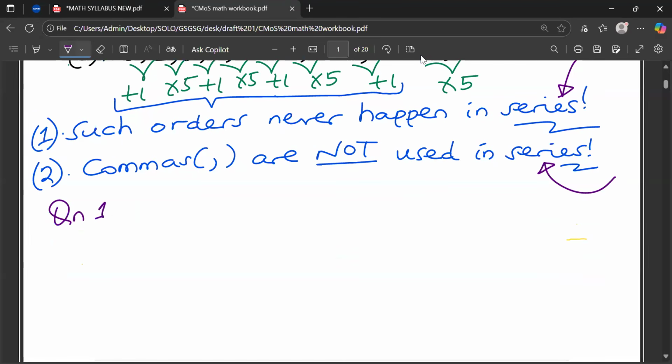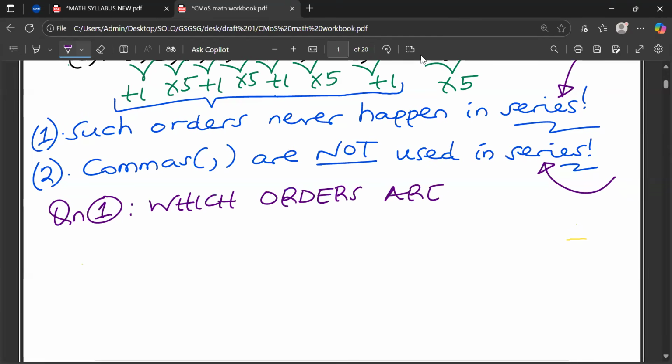So after talking of those differences, I'll pose question 1 and say, which orders are used? And we shall have our answer. This is the answer that is going to make sure you master this topic from its roots.